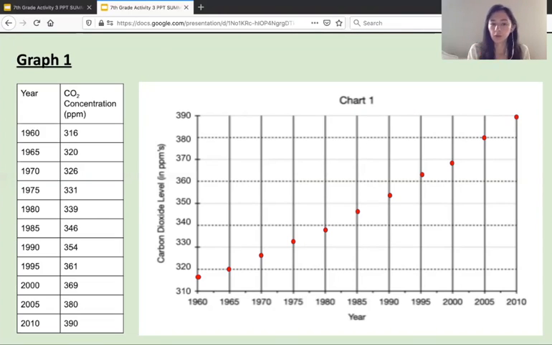It's gone from 316 up to 390. That's a pretty big jump of almost roughly 40 parts per million, which is quite a bit of extra CO2 in the atmosphere. So make sure you have these points. They don't have to be perfect, but they should look very similar to the ones I have plotted, and then you can draw a line through them showing the trend upwards. So keep that in mind as we move on to graph 2.